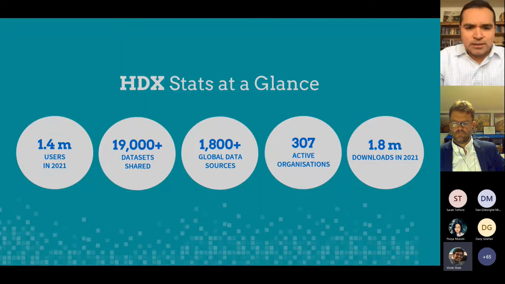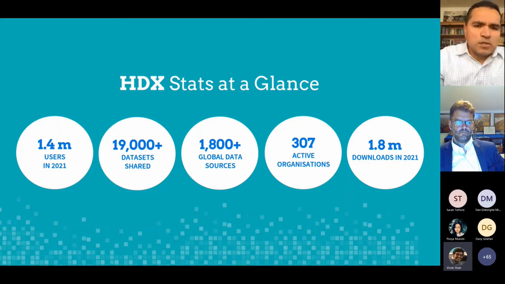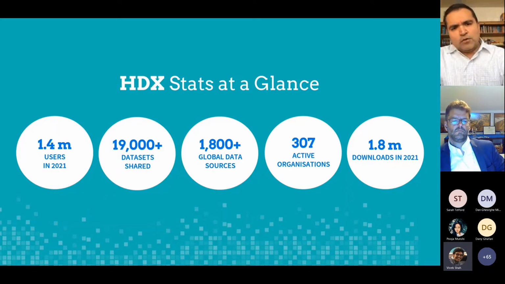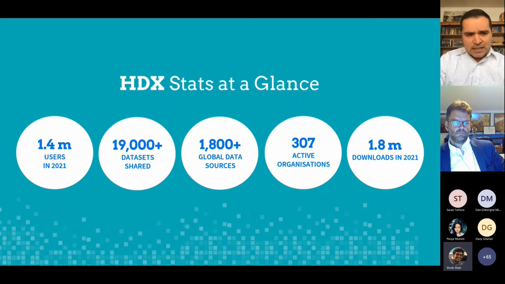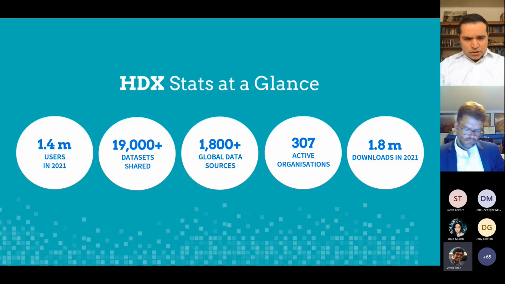Next slide, please. These are some of the statistics that I wanted to share with you, just for you to have an idea of the impact that HDX has had in recent years. For the second consecutive year, we have surpassed a million users on HDX. At the moment, there are 1.4 million users coming to HDX looking for data sets, exploring some of the 19,000 data sets that we have on the platform from more than 1,800 different data sources.